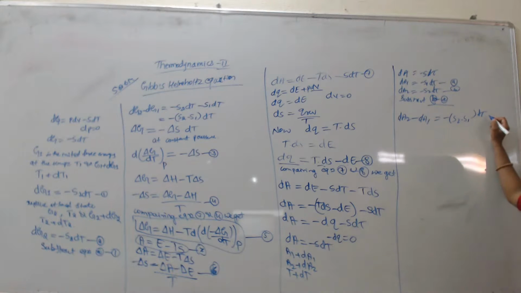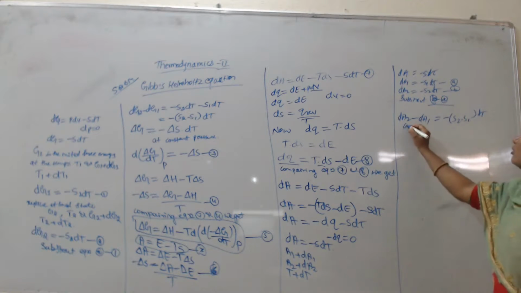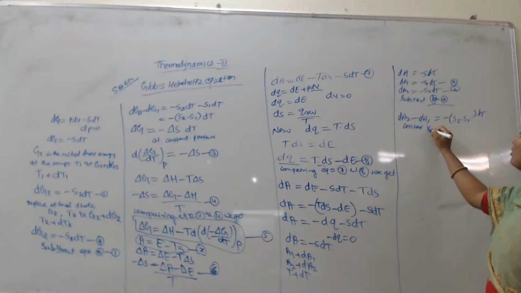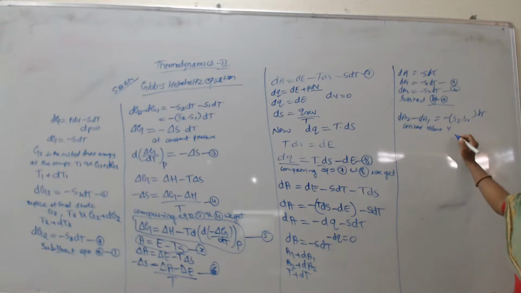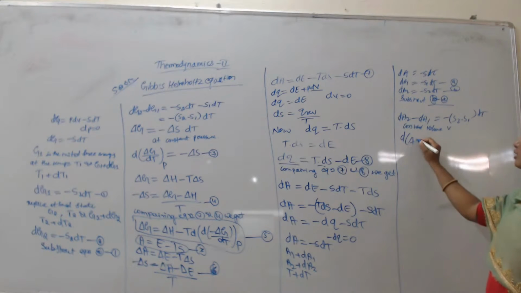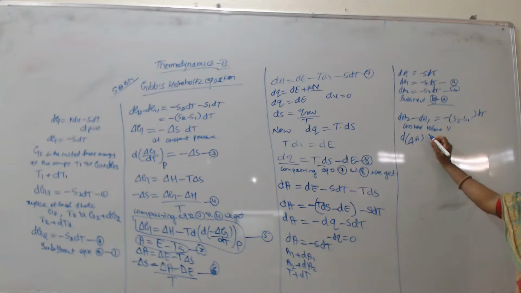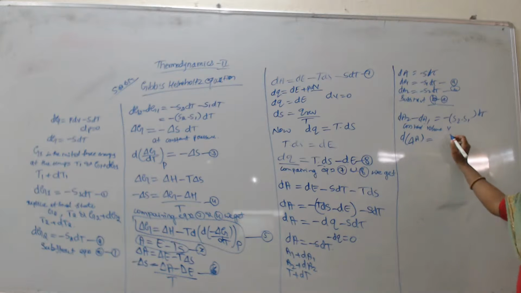And then, at constant volume V, d into delta A, that is delta A is the change in A2 minus A1, the change in work function.